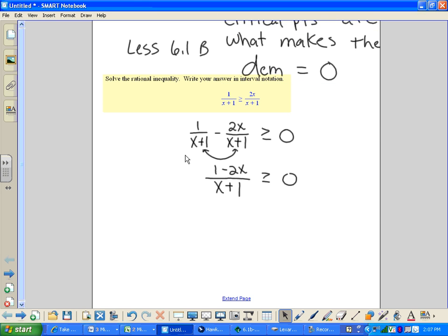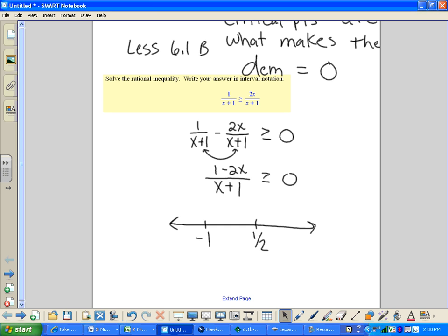Okay, so let's be thinking of those critical points as what makes the numerator and the denominator 0. For the numerator here, if you set that equal to 0, that would give you a positive 1/2. I'll put a positive 1/2 on my number line. And then what would make the denominator 0 would be -1.